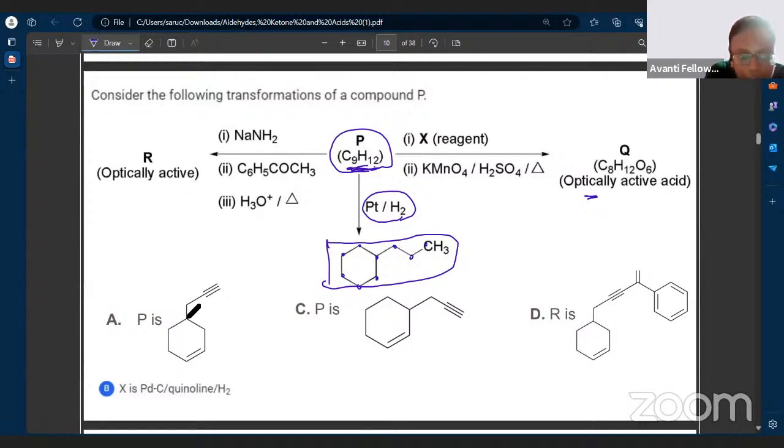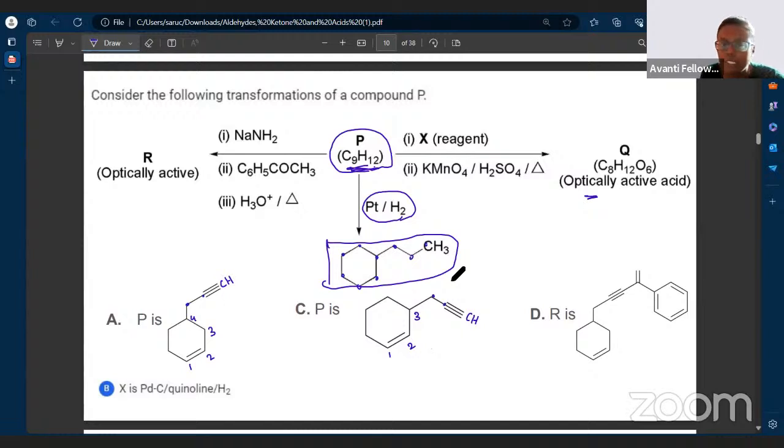Starting from the ring alpha, 1, 2, 3, 4. In the fourth position, I have CH2, CH, triple bond, CH. And here, 1, 2, third position, I have CH2, CH, triple bond, CH.